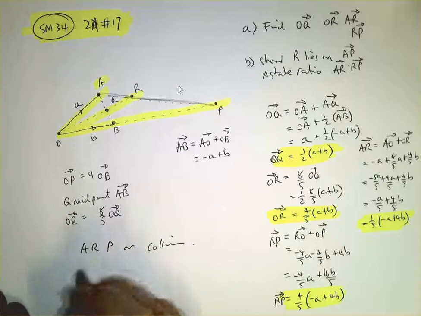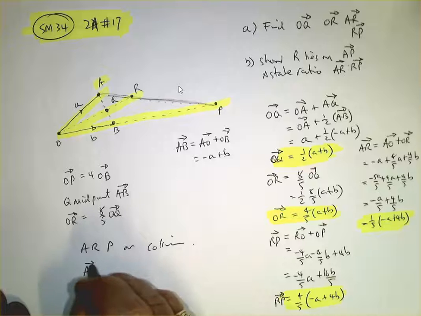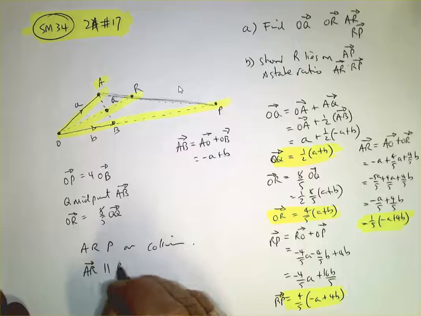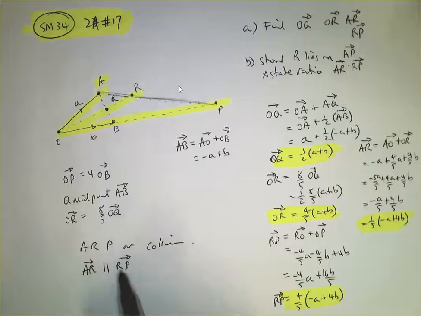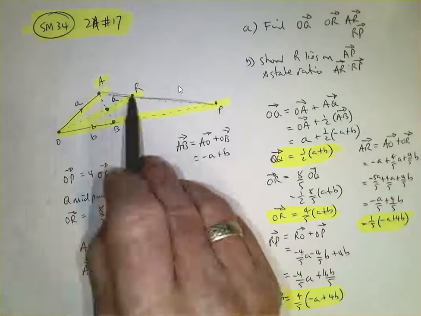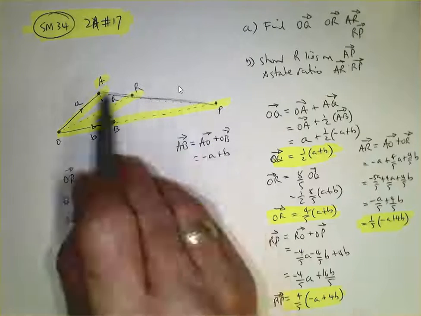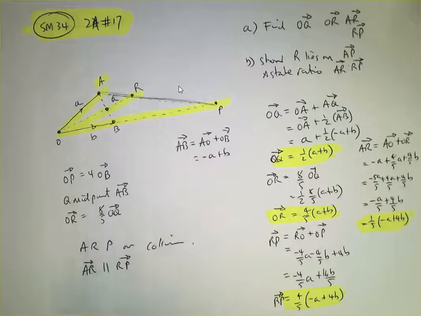And that's if A to R is parallel to R to P. If I include R, and I'm going from A to R, then I'm going from R to P. If they're parallel, then they'll form the one line.